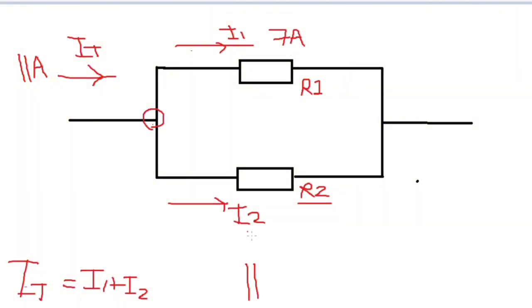How would we find I2? We would take I total minus I1, which is 7, and that will give us I2, which is 4. So I2 here would be equal to 4 amps.